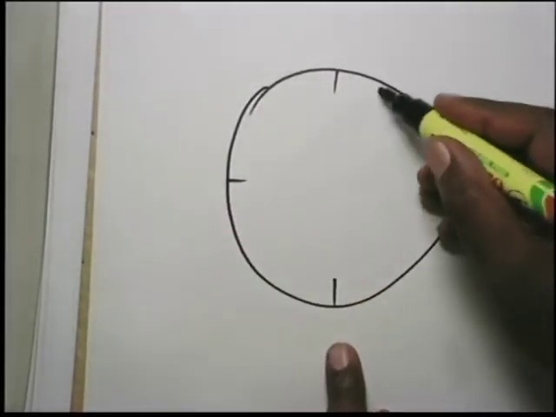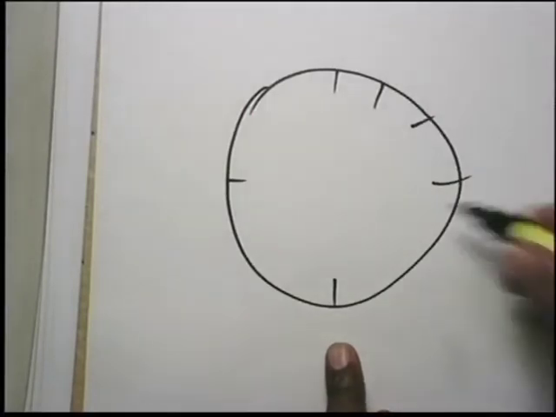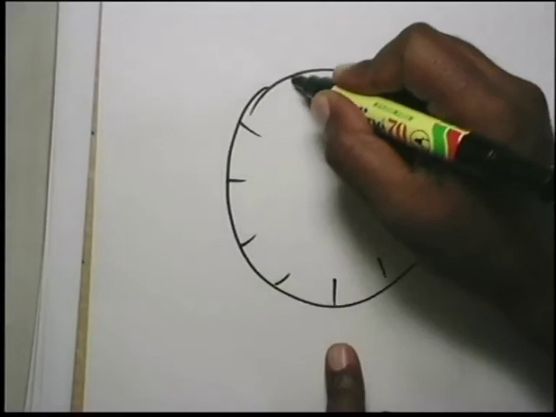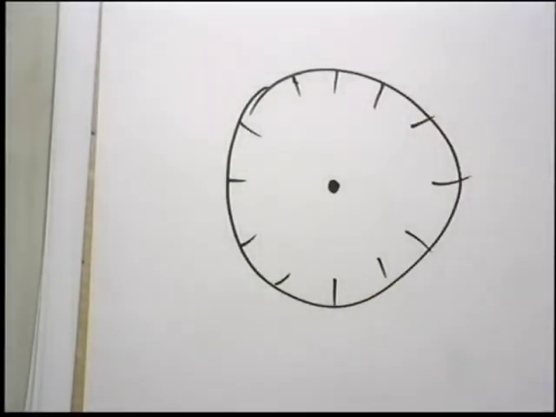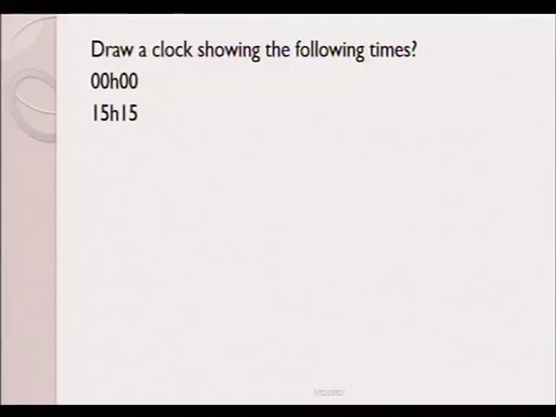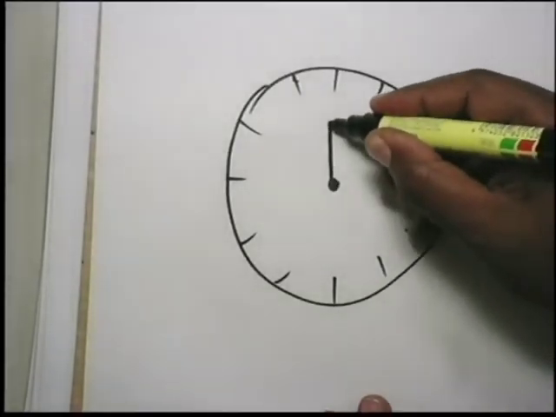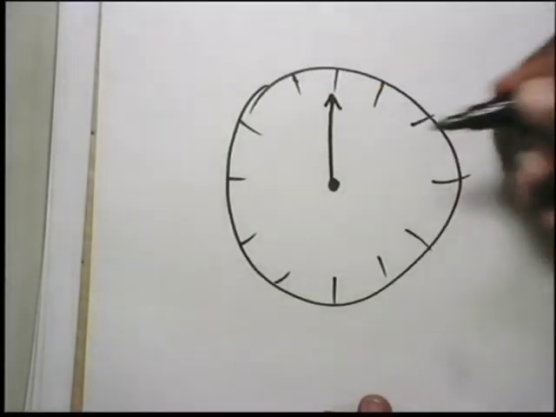From there, you need to put only 2 in between, and this is your center. Now, the first one is saying it is 12 o'clock in the middle of the night, which is 00H00. So for 12 o'clock, your long stick will be pointing towards 12.